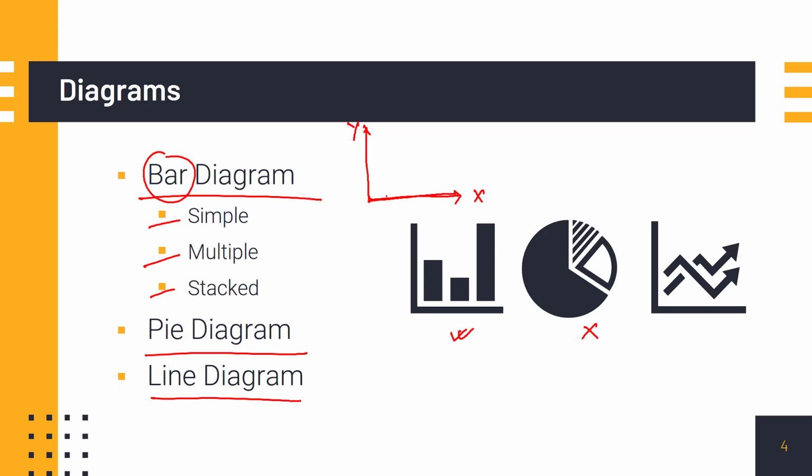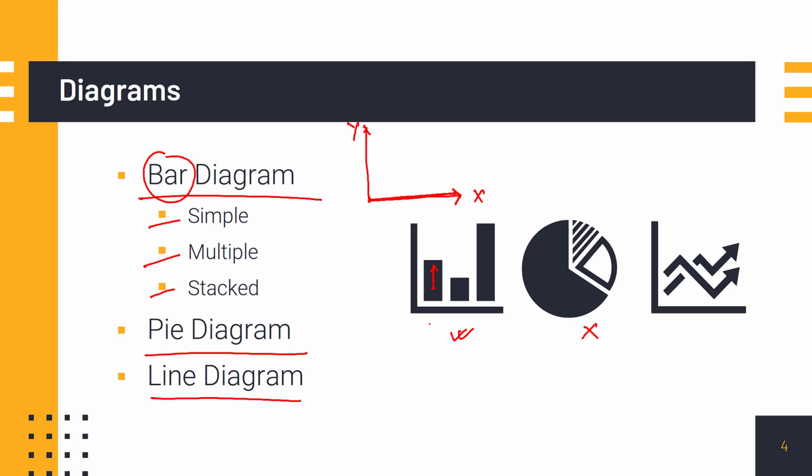Conventionally, bar diagrams are plotted along the x-axis, but you can also plot them along the y-axis. It does not matter. So here we have certain bars, right? The height of each bar represents the frequency of the item it is representing.